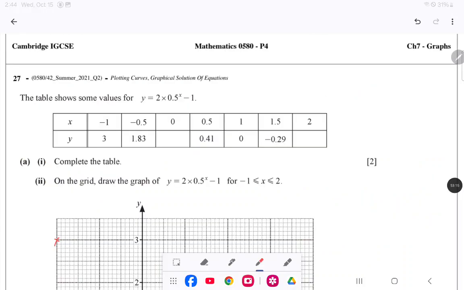Now in question number 27, the table shows some values of y equation. We have to put the values of x in order to get that y. First is 2 into half to the power 0 minus 1. Something to the power 0 will be 1, so 2 minus 1 will give you 1.